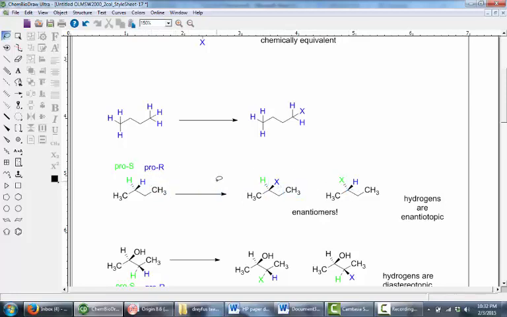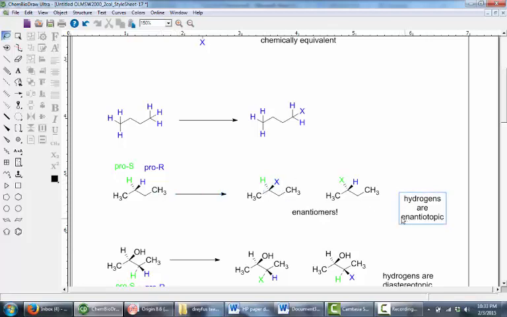So these atoms are called pro-R and pro-S hydrogen atoms. If I replace each of those individually, what that gives me are two enantiomers. So these are not identical. They're similar, but instead of seeing identical molecules when I put in my X's, I actually see enantiomeric molecules. That means these hydrogen atoms are called enantiotopic.